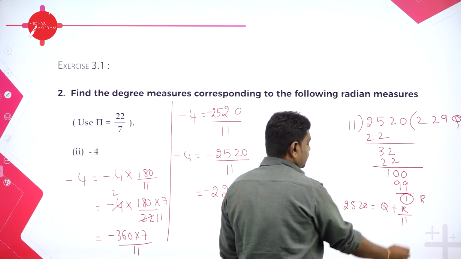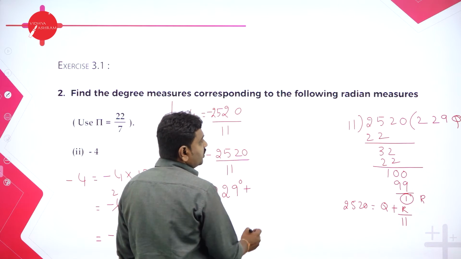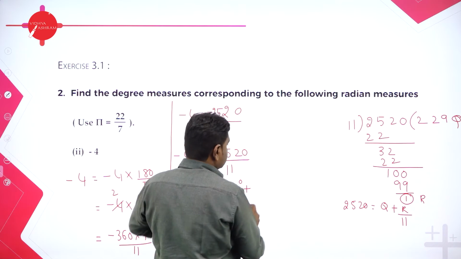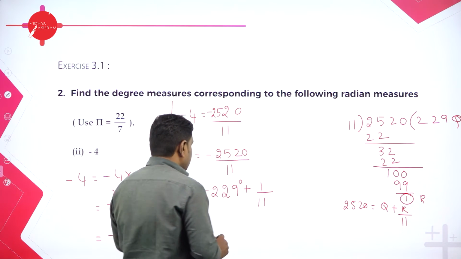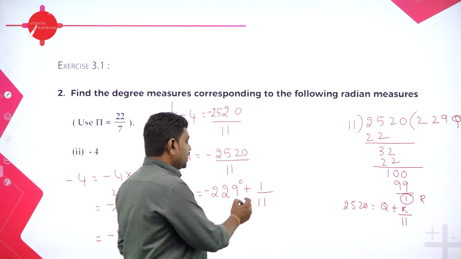Divisor means with which I am dividing. So what is the quotient? 229, plus remainder. What is the remainder? 1 divided by divisor 11. So minus 229 degrees plus 1 by 11 degree.